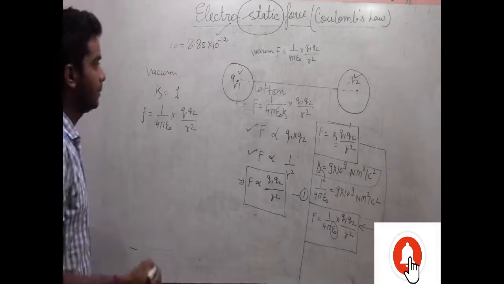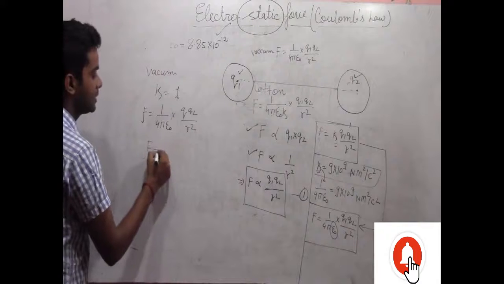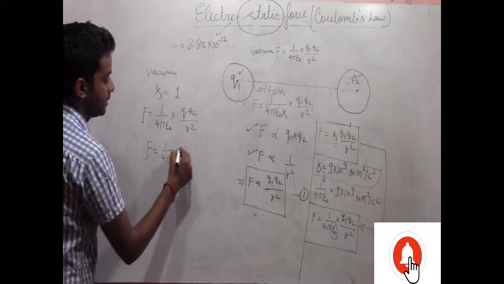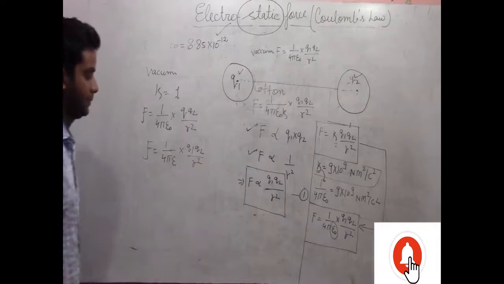And if you place a medium between the charges, then your force becomes F is equal to 1 by 4 pi epsilon into Q1 Q2 upon R square.